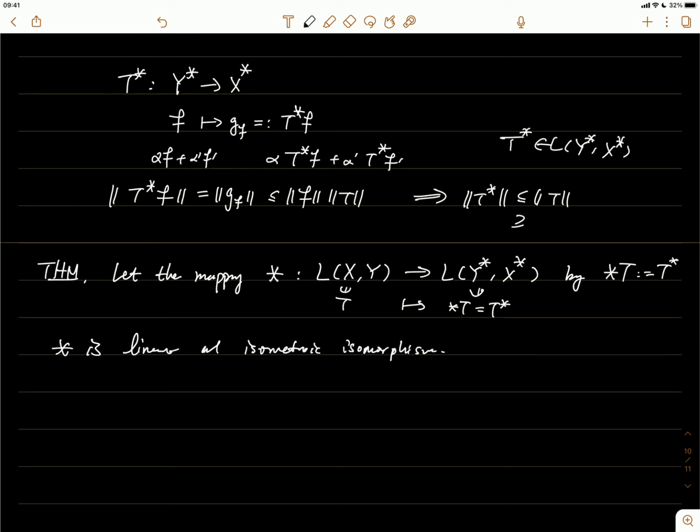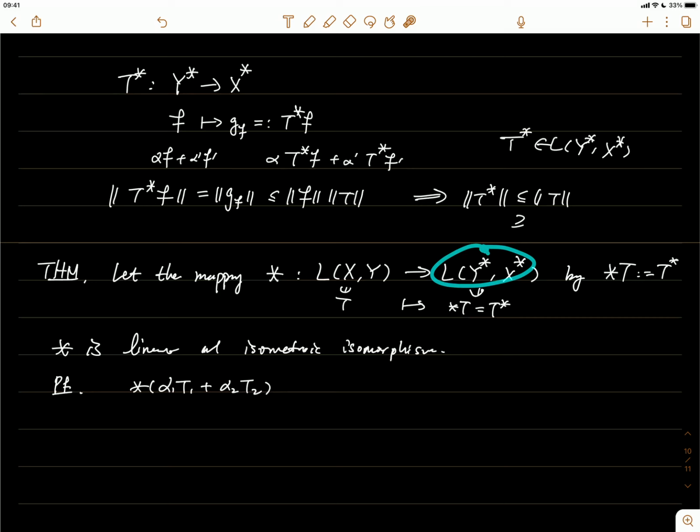What I mean by that is I want to show that when I apply this star to any linear combination in this space, I will get linearity. Because after the mapping, it is some element in here. This means that this thing can map any element in Y star to some element in X star.